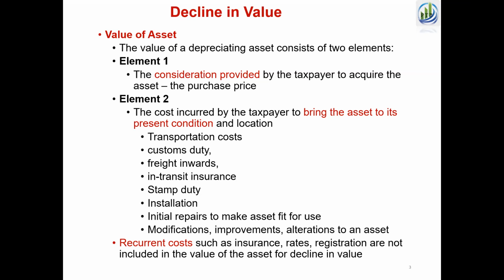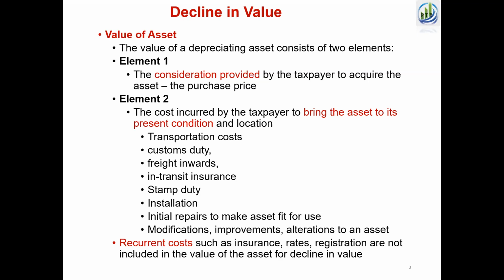After you started to use that car, what you are paying for servicing, New South Wales or South Australia registration fee, it is immediately deductible. So after you pay the insurance for your car, it is immediately deductible. But anything before it comes to your business, whatever expense, it should be capitalized, right?